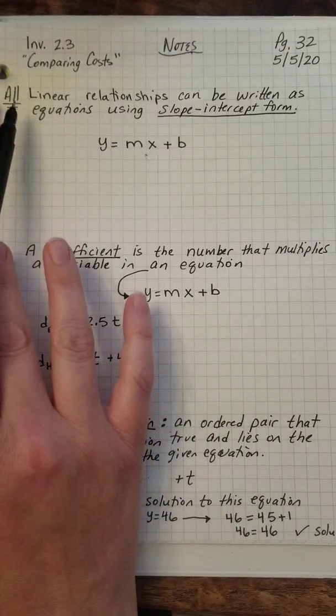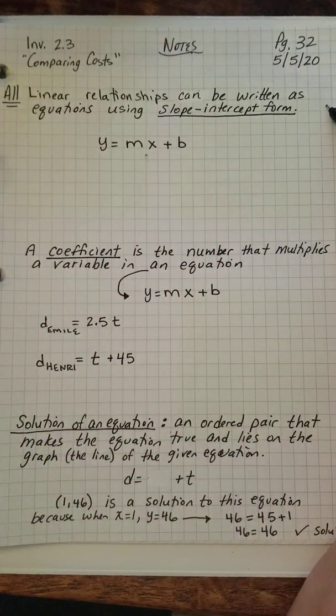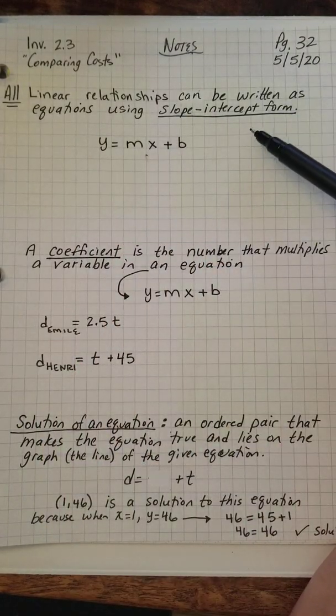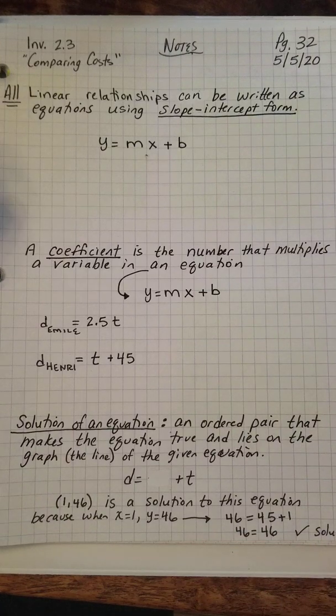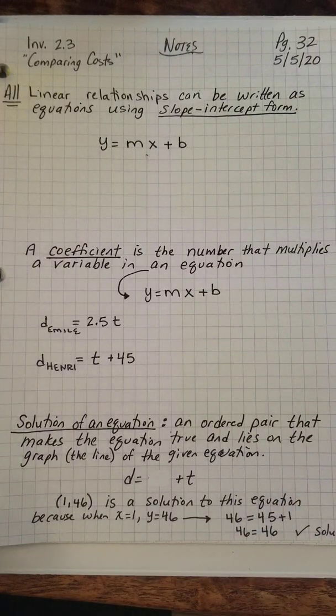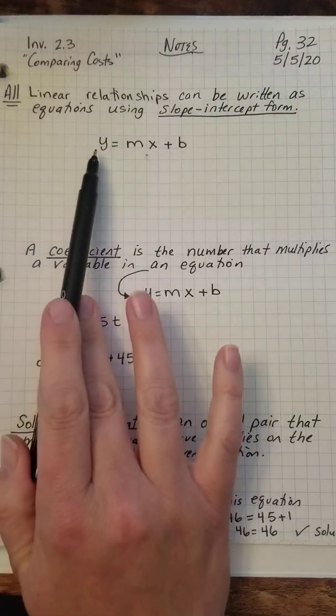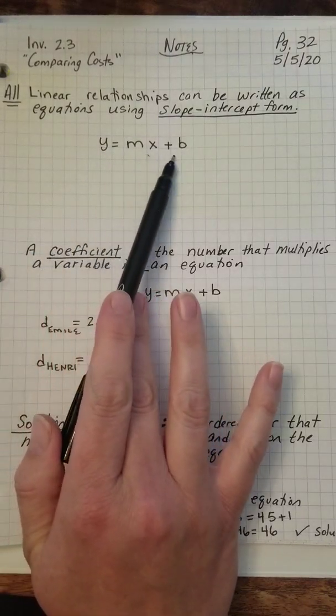So number one is that all linear relationships can be written as equations using a form called slope-intercept form. We have been using this, I just haven't been calling it this. So the form is y equals mx plus b.